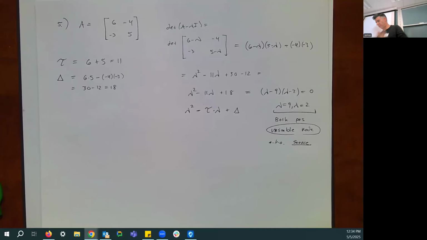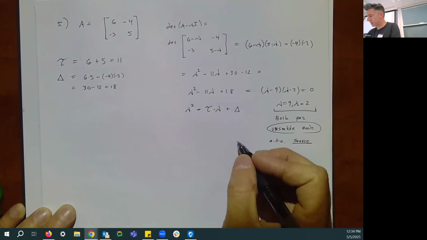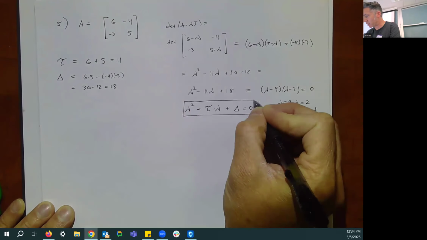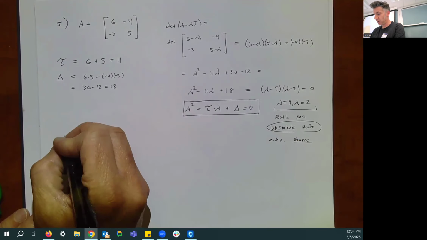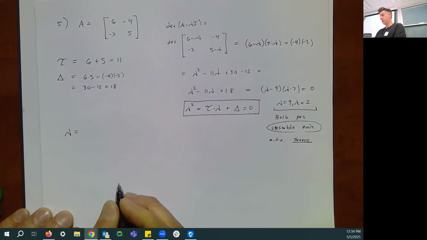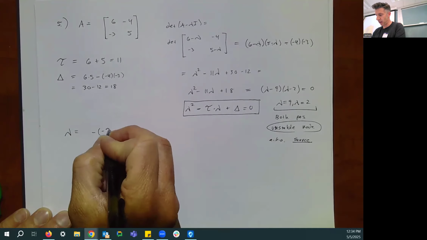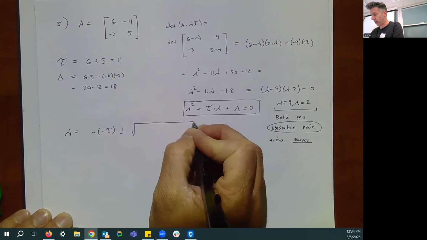So another way to think about this is you could just take this very generic equation that would work for finding the trace and determinant of any 2 by 2 matrix, and use the quadratic formula for that. And say, okay, well, the solutions are going to be lambda equal to negative b, so that's the negative of my negative trace, plus or minus the square root of my b squared.